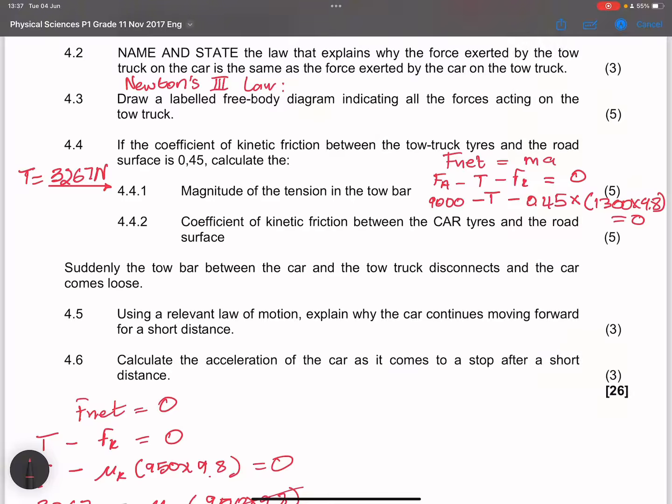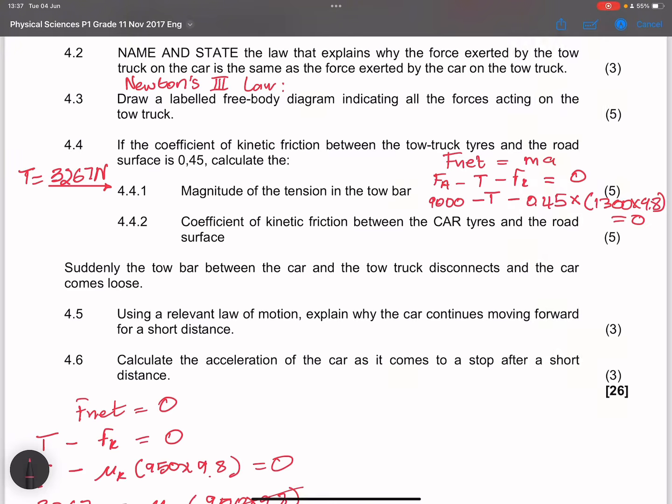That's as per Newton's second law. But also remember Newton's first law, or rather the principle of inertia. Why does the car not just stop immediately?